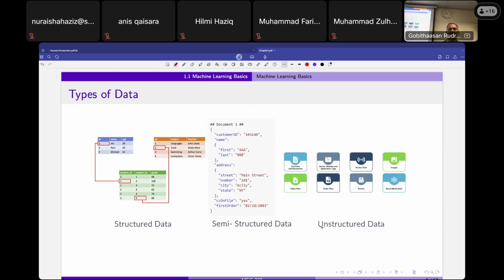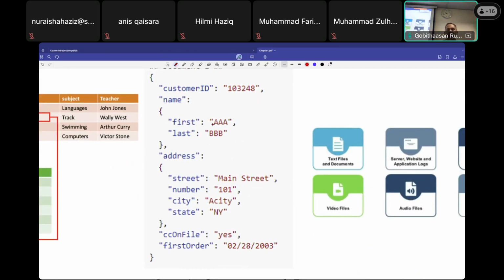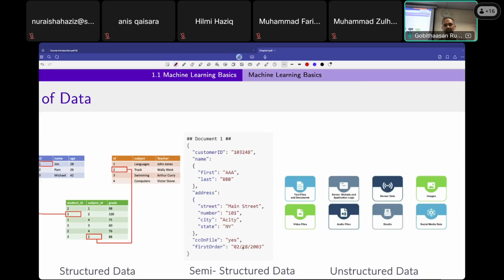Here we have key and value, which, if I enlarge a little, you can see is in quotation marks. For example, first is actually the key, and then after the colon in the code is AAA. Right? So that is actually some sort of explanation, or can even be, for example, dates or anything for that matter. Anything goes. That's why it's called semi-structured, but it has some sort of structure, right? That's why it's called semi-structured.